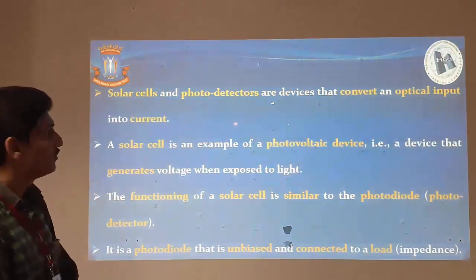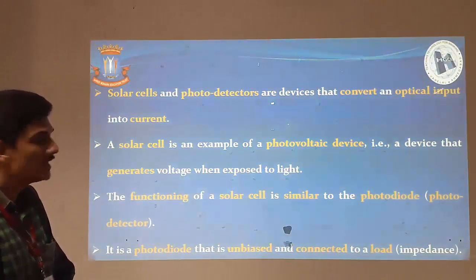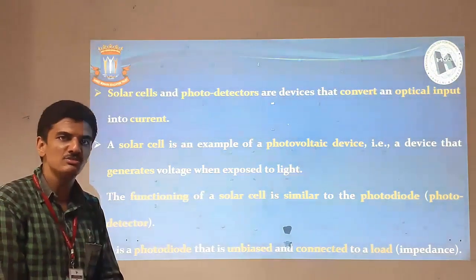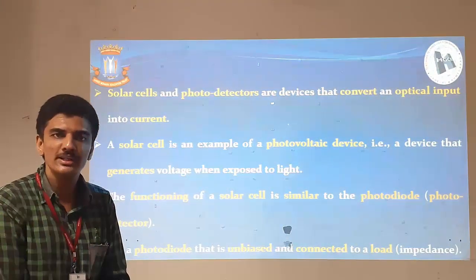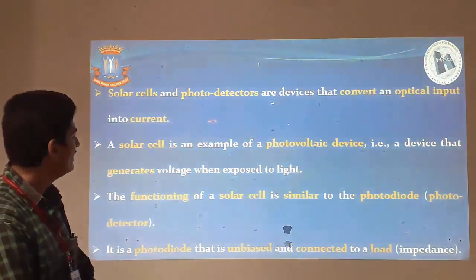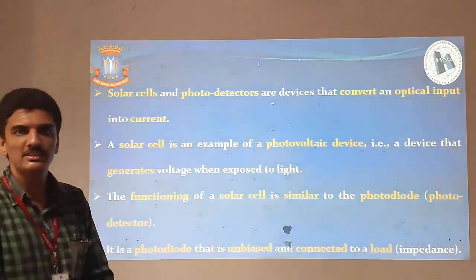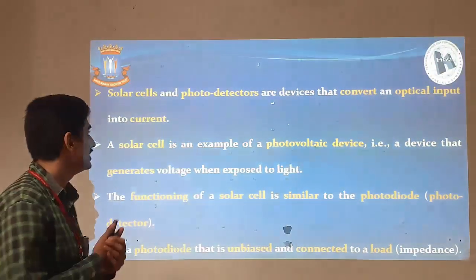Solar cells and photodetectors are devices that convert an optical input into current. Optical input means the light rays which are interacting with your photovoltaic devices. So these are the devices with which we can directly convert the solar energy into electrical energy.